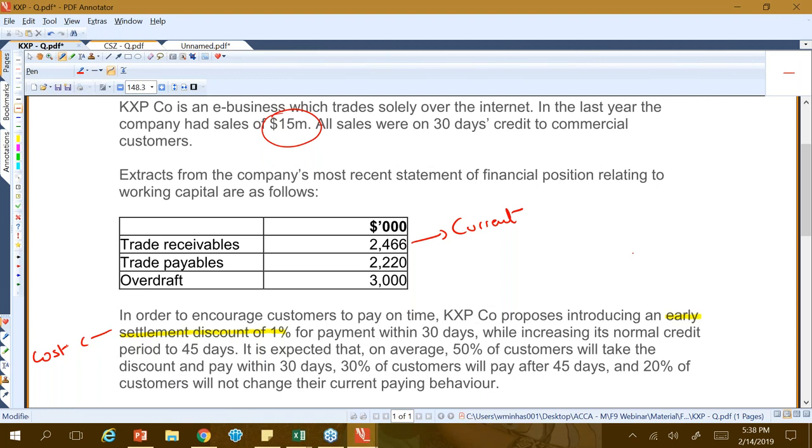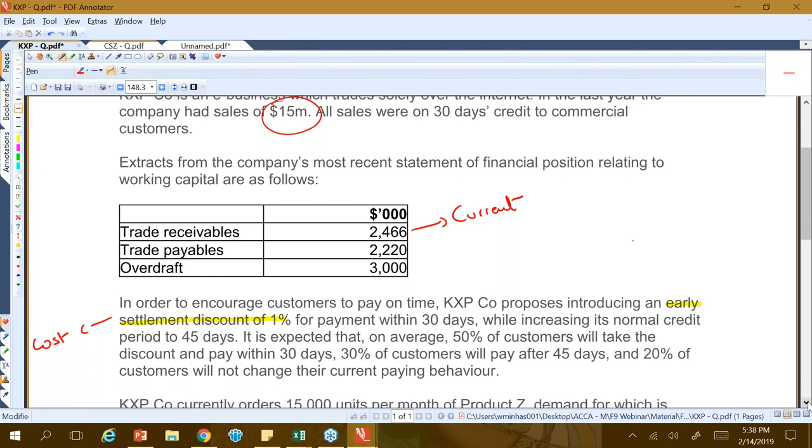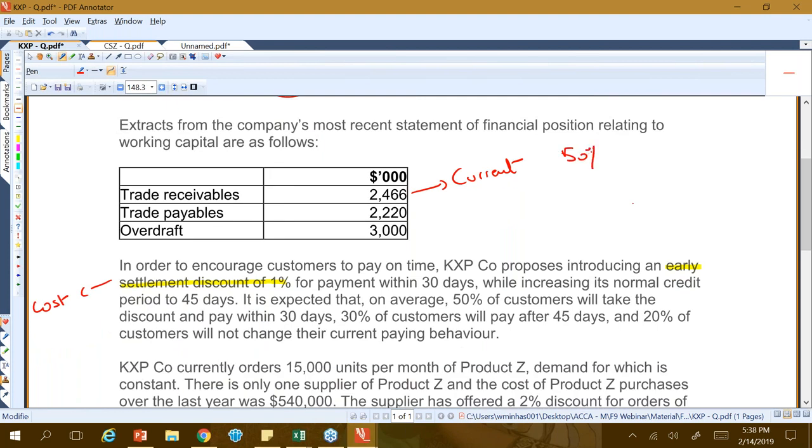So there's a bit of an analysis building up here. 50% of customers will pay in 30 days, then 30% of customers will pay after 45 days, and then 20% of customers will not change their current paying behavior.